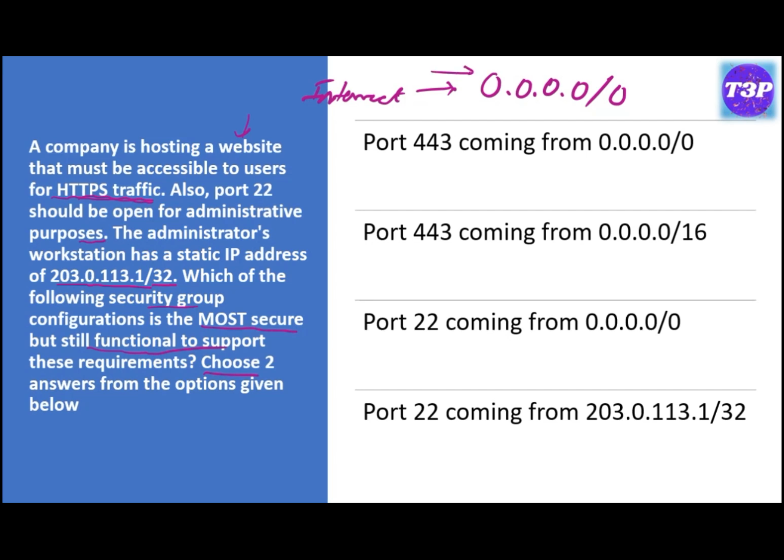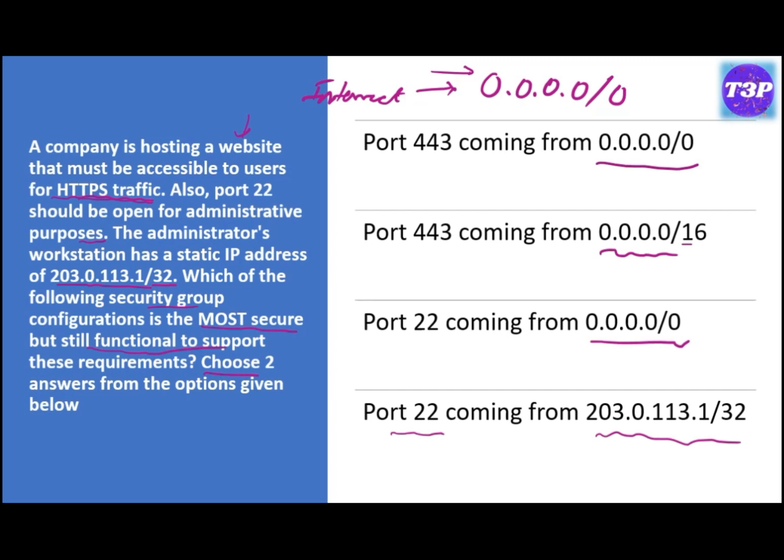So let's understand the options. Port 443 coming from this internet range, port 443 coming from this 0.0.0.0/16, port 22 coming from this internet range, port 22 coming from a specific IP that is given for the workstation.